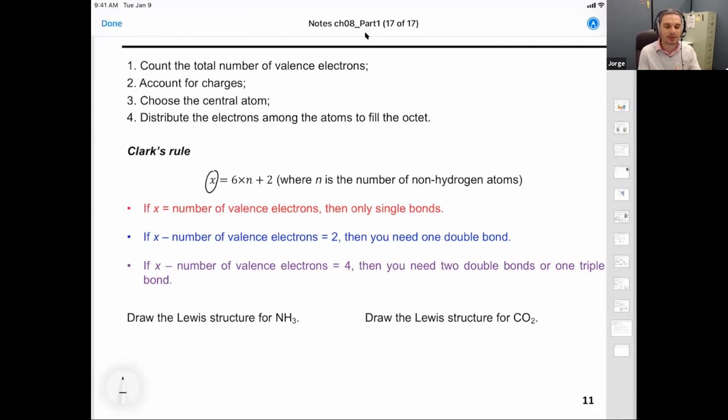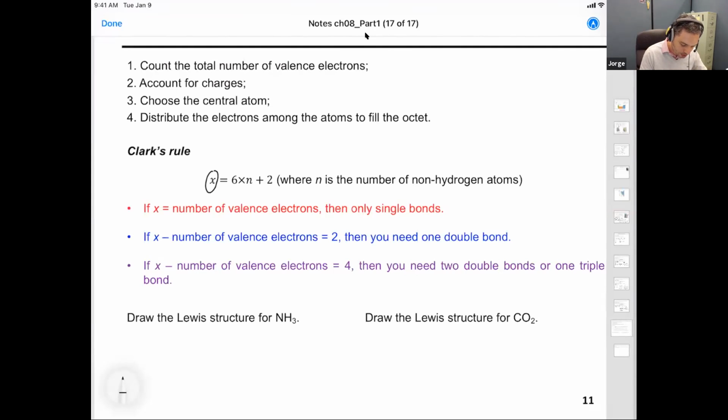If x is equal to the number of valence electrons, then only single bonds. If x minus the number of valence electrons is equal to 2, then you need one double bond. And if x minus the number of valence electrons is equal to 4, then you need two double bonds or one triple bond. So let's see how the Clark's rule works.